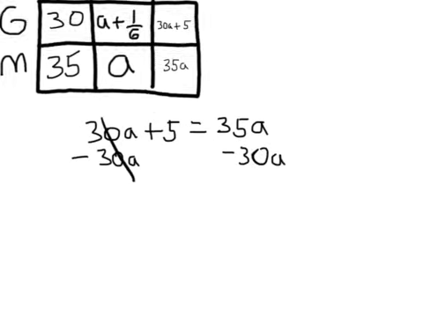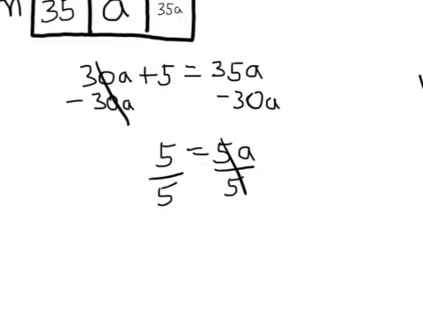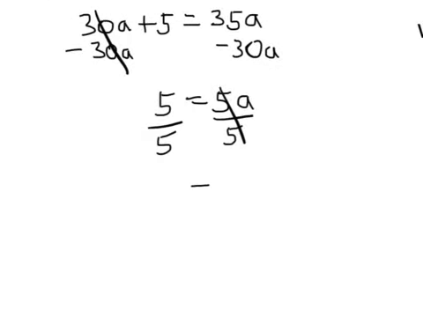We end up with 5 equals 5a. Dividing both sides by 5 gives us a equals 1.